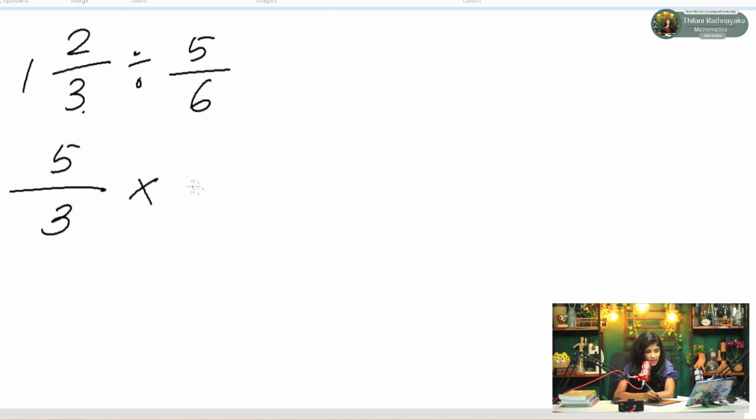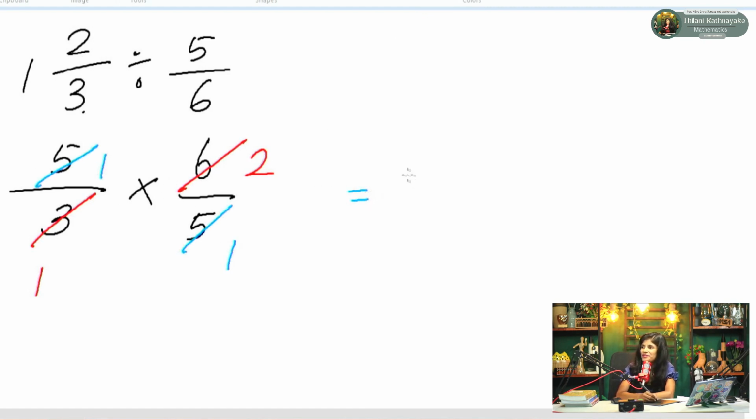Multiply by the reciprocal, 6 over 5. Now I am going to simplify 3 times 1, 3 times 2 and 5 times 1, again 5 times 1. So 1 times 2 is 2. 1 times 1 is 1. So no need to write 1 in the denominator. This is the final answer.